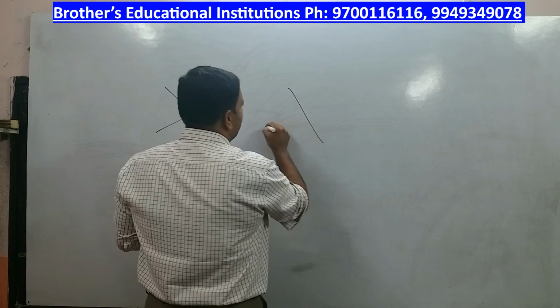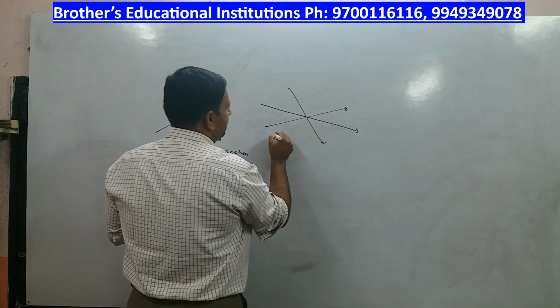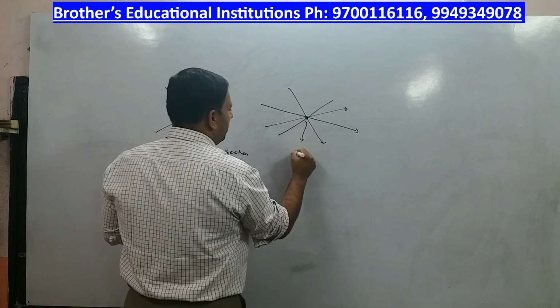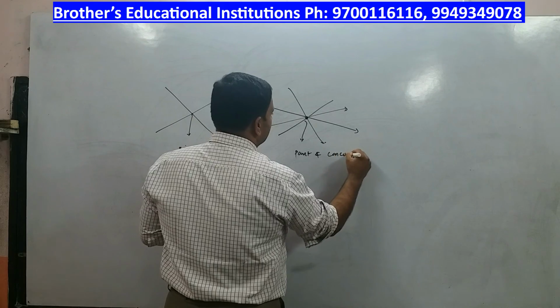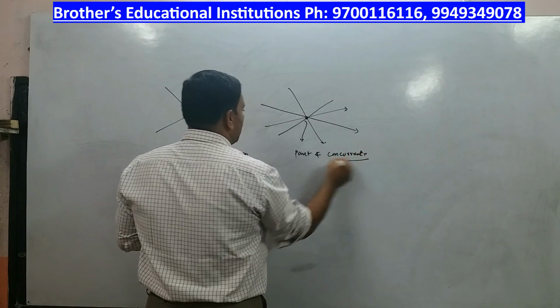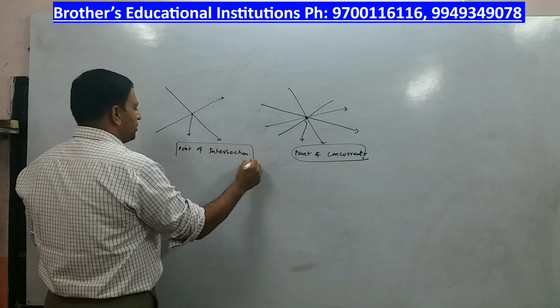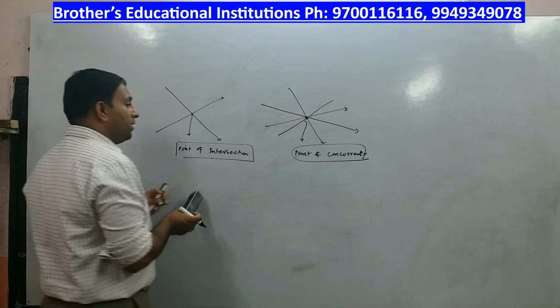And whenever more than two lines pass, infinite, then that point is called point of concurrence. Alright. So whenever two lines pass, it is called point of intersection, and whenever more than two lines pass, it is called point of concurrence.